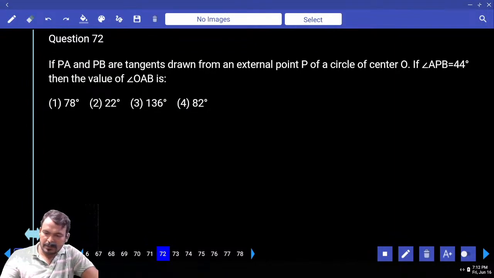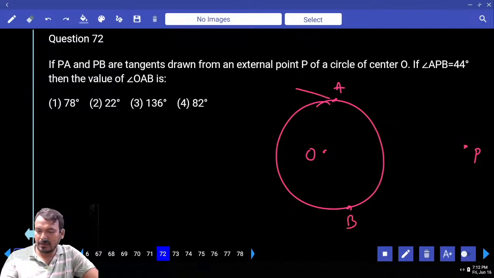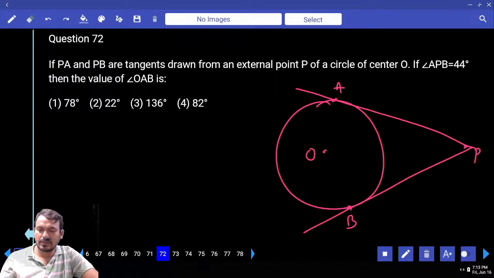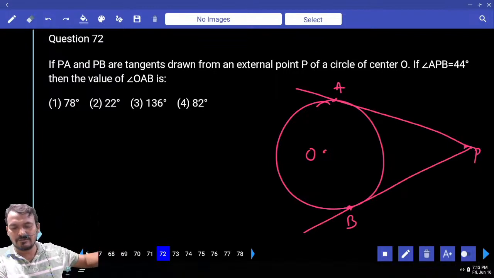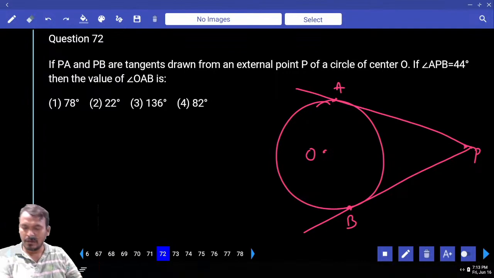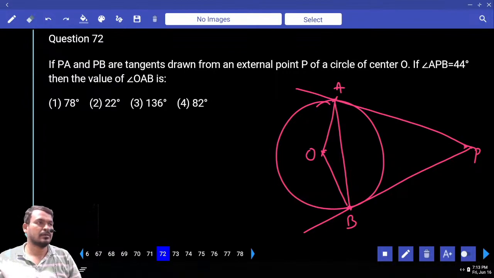Okay, first draw a circle with center O, and external point P. One is point A, another is point B, and PA and PB are both tangents. These two are joined. OA value and OB value, radius.